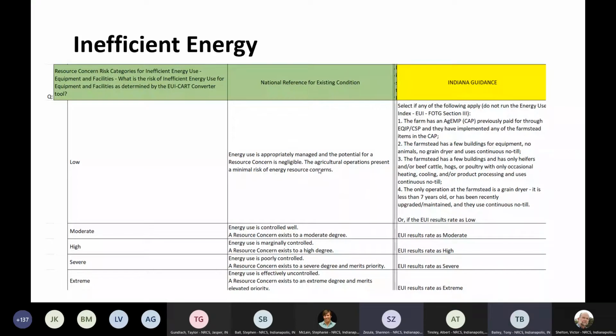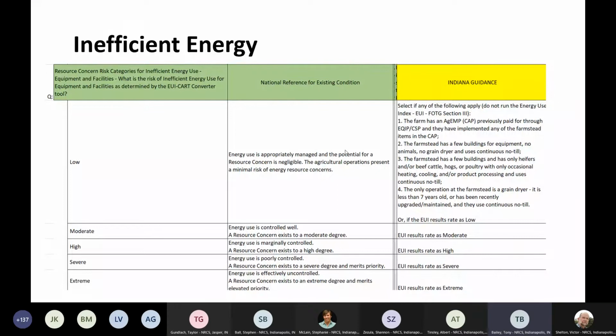Sure. So here in the guidance, under the low, if we already have an ag energy management plan, a CAP, then that's been assessed. We assume they're addressing some of those things. If the farmstead has few buildings or equipment, no grain dryers, or uses continuous no-till, they would not need to run the energy use index.